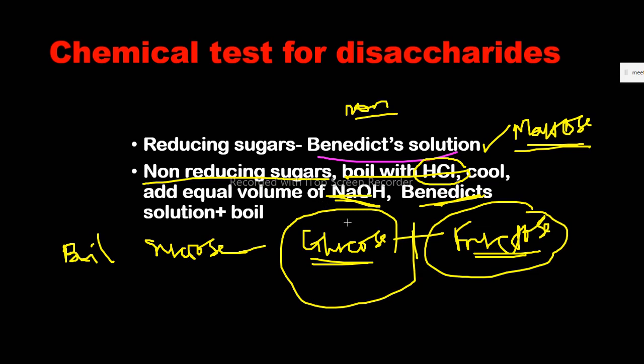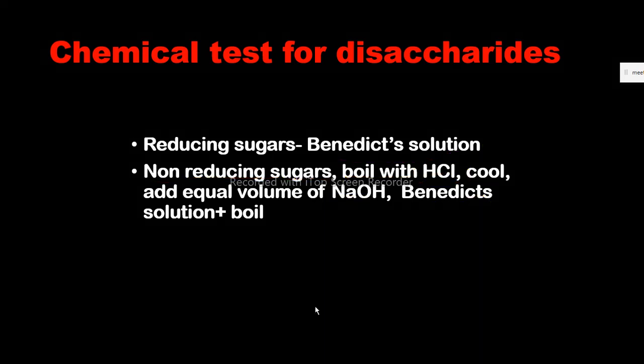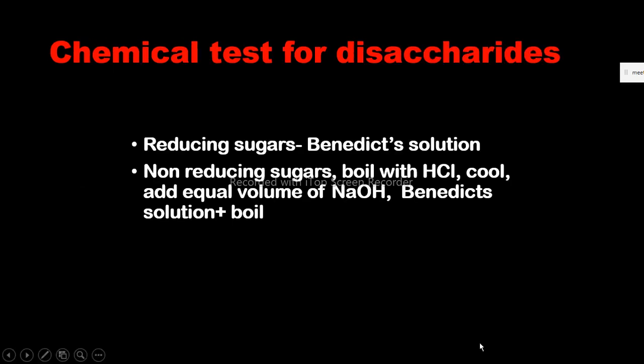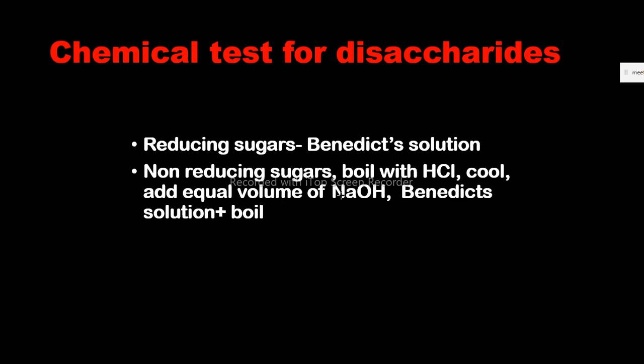Not so? Yes. Any queries before we move to another slide? So what's the purpose of sodium hydroxide? The sodium hydroxide is for neutralizing the acid, because remember you add acid and then boil.